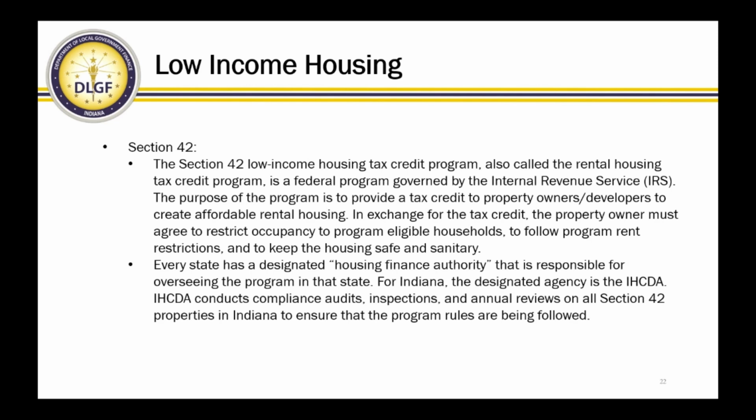The Section 42 program is basically a tax credit program through the Internal Revenue Service, to provide a tax credit to property owners and developers to create affordable rental housing. In exchange for the tax credit, the property owner must agree to restrict occupancy to program eligible households, to follow program rent restrictions, and to keep the housing safe and sanitary.